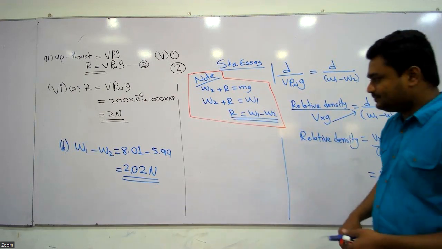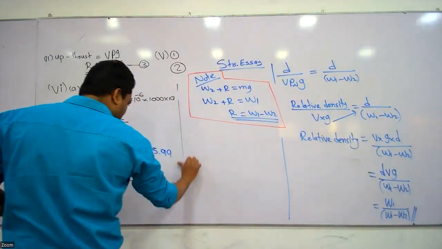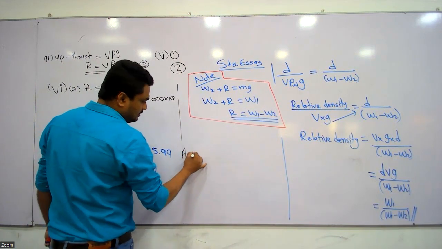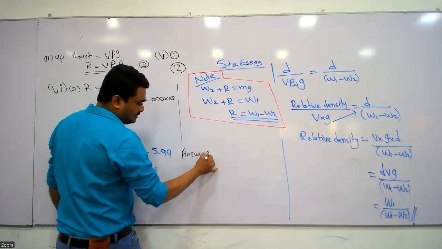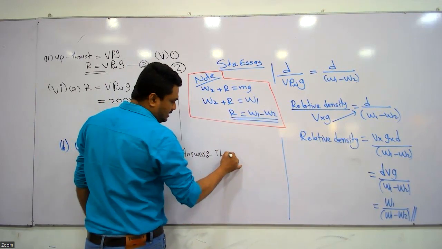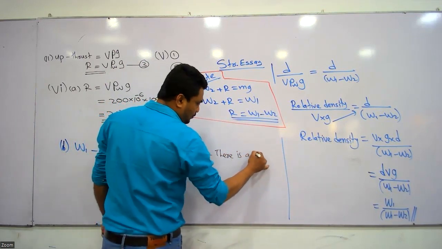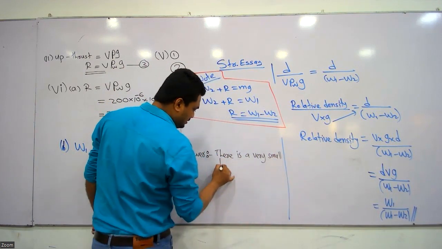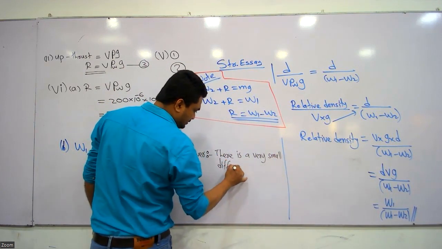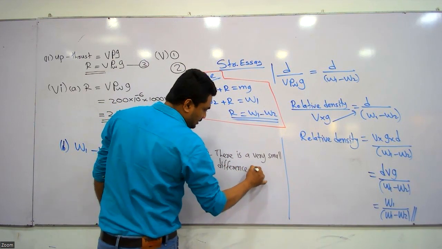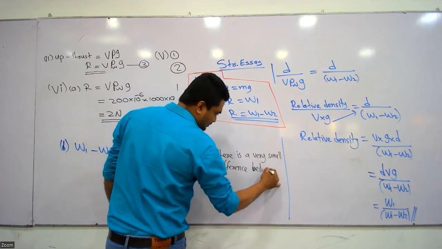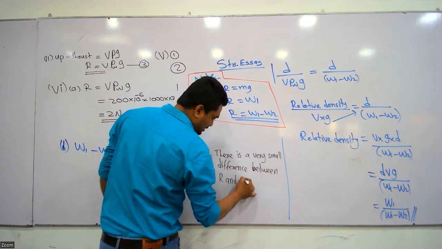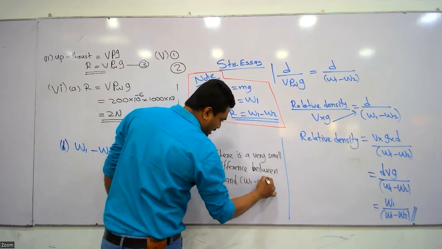Write the answer. What's the answer here? The answer is there is a very small difference between R and W1 minus W2.